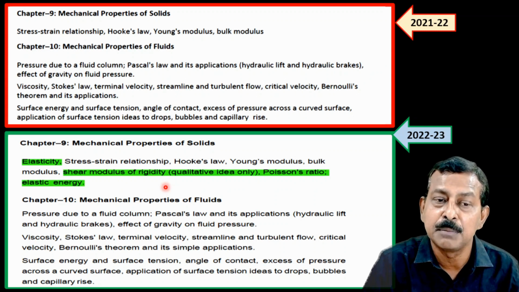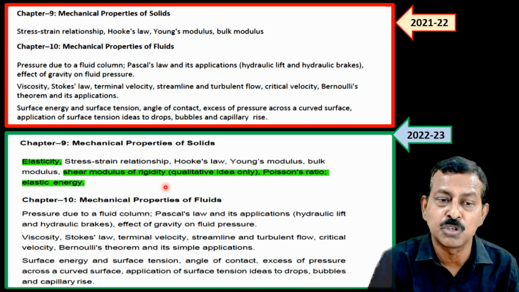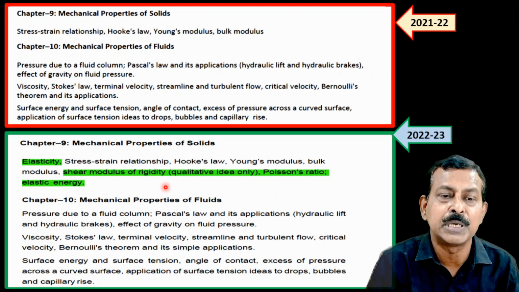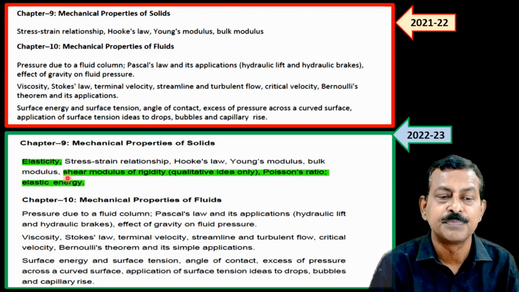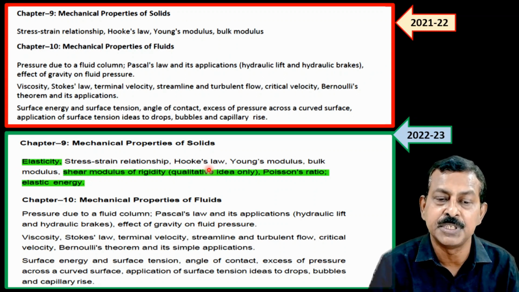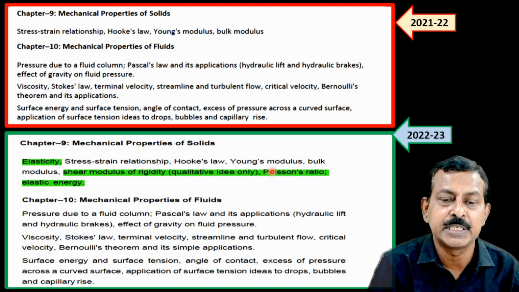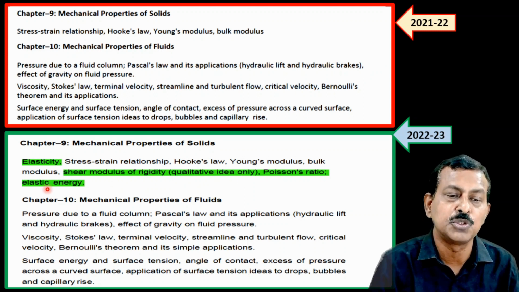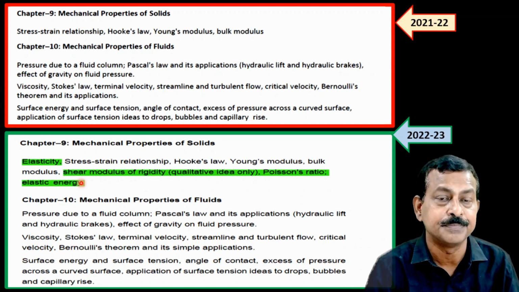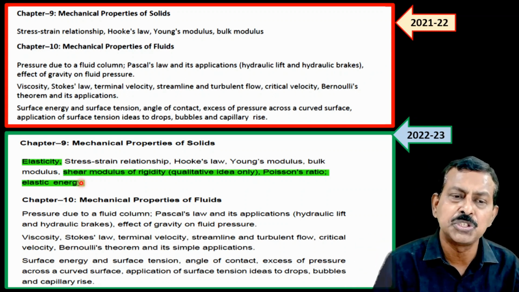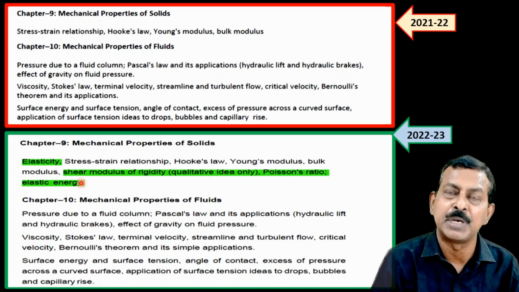If you now see the mechanical properties of solids, whereas the mechanical properties of fluids, in mechanical properties of solids, elasticity, shear modulus of rigidity, which is of course a qualitative idea only, Poisson's ratio, and elastic energy are the topics now added. And there is no change in the mechanical properties of fluids.